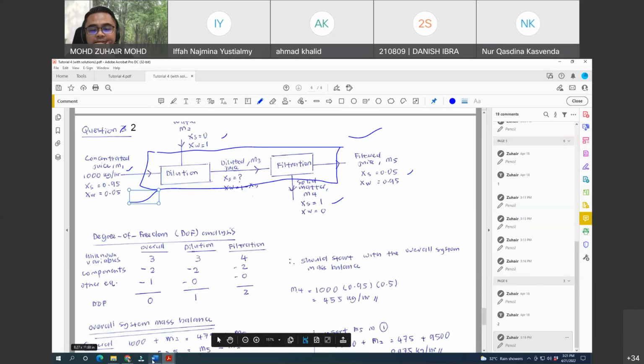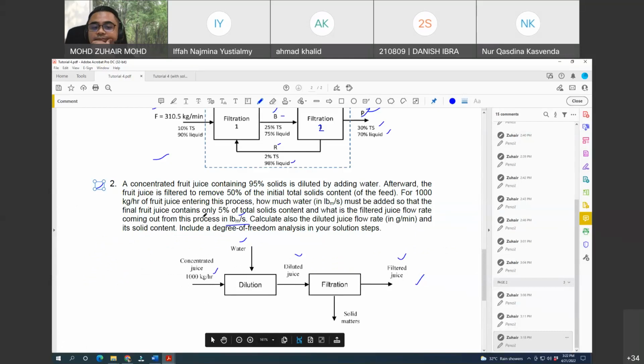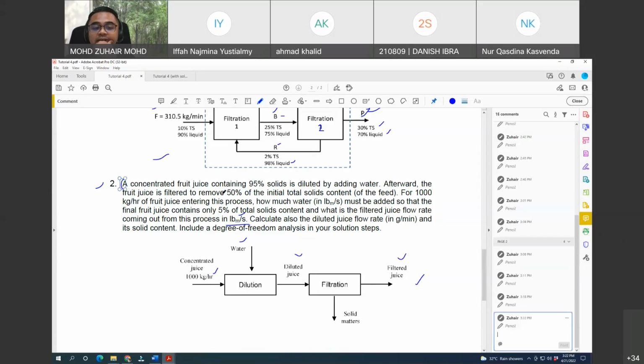Oh, okay. Sorry. M4, which is the... Oh, okay. So the other equation had been stated in the first two sentences here.